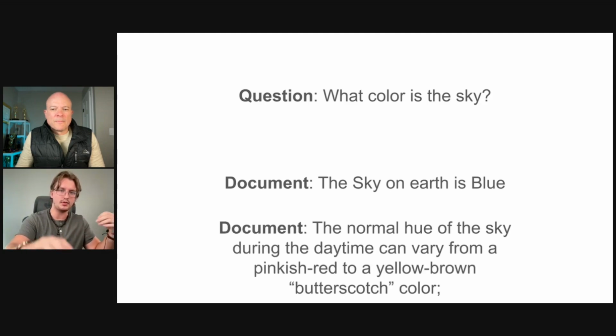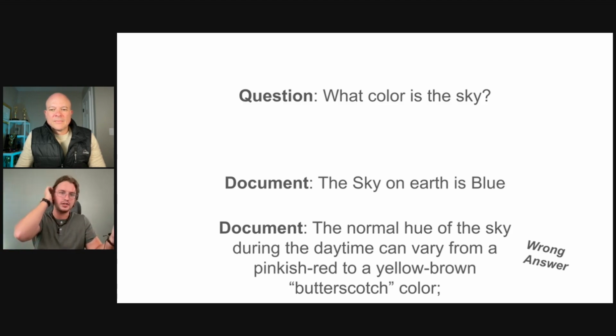And then you might have another document that you add from your space data that says the normal hue of the sky during daytime can vary from pinkish red to yellow brown butterscotch color, which is totally accurate on Mars, right? And devoid of context, your RAG system might think that what color is the sky? This one says it's brown. Is this even a wrong answer?